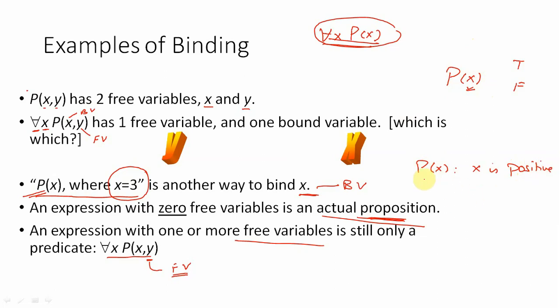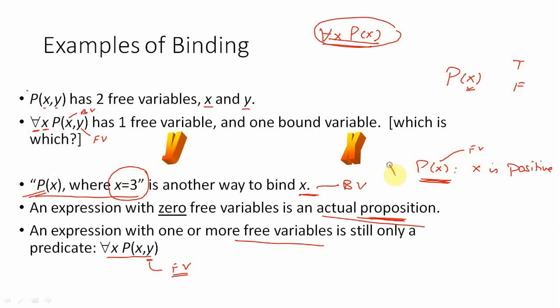Now if I ask you what is the truth value of p(x), it is not feasible to say. x can be positive or negative, so p(x) can be both true or false. So this is a predicate because this variable is a free variable.